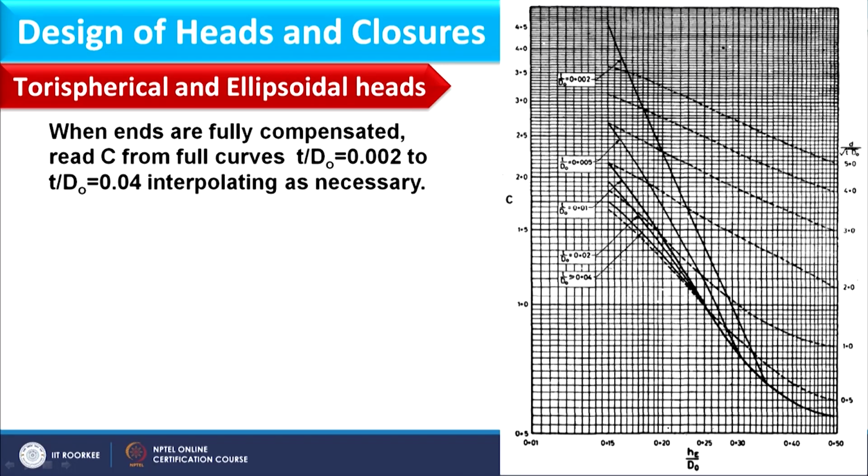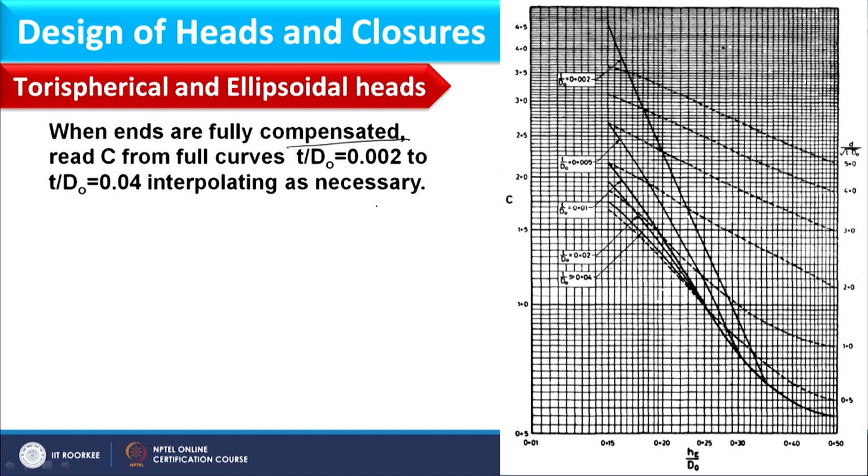So, we have seen how He will be computed, and once He is known, in this figure you can make a line. Let us say He is 0.2, so corresponding to 0.2 you can make a line. How you need to find the value of C is, when ends are fully compensated, read C from full curves, that is T by D naught equal to 0.002 to T by D naught 0.04, and we can make interpolation also.